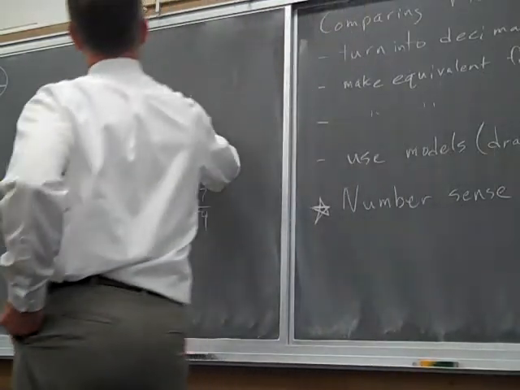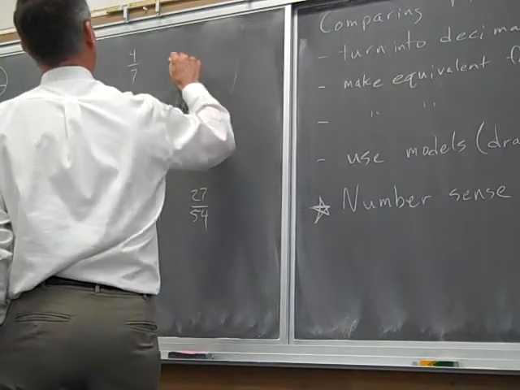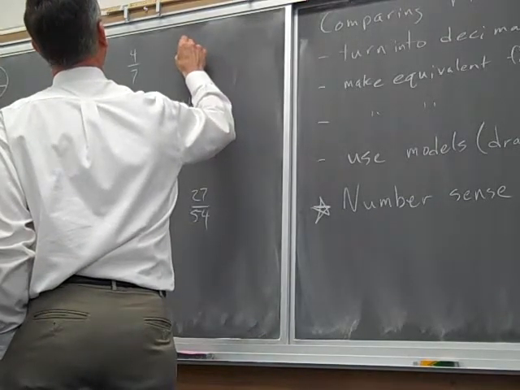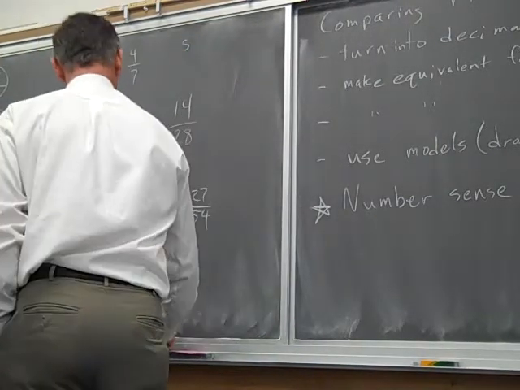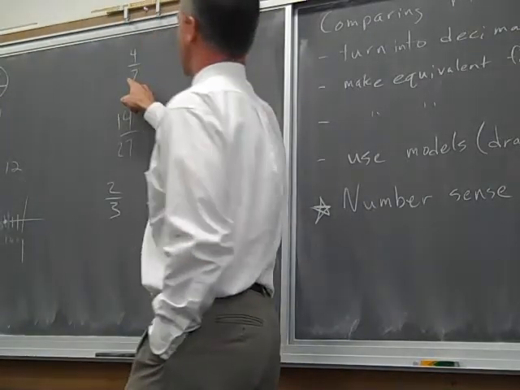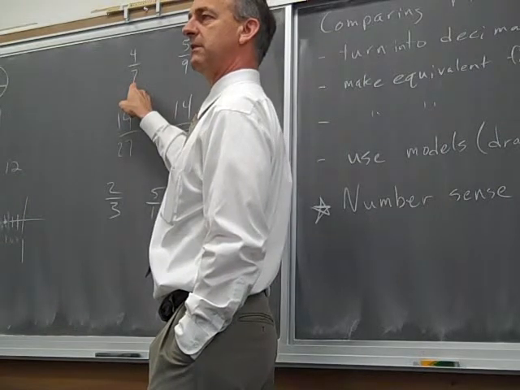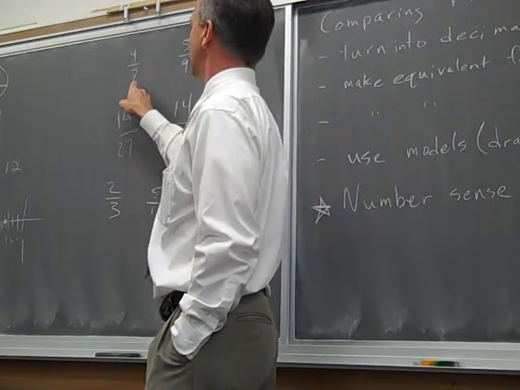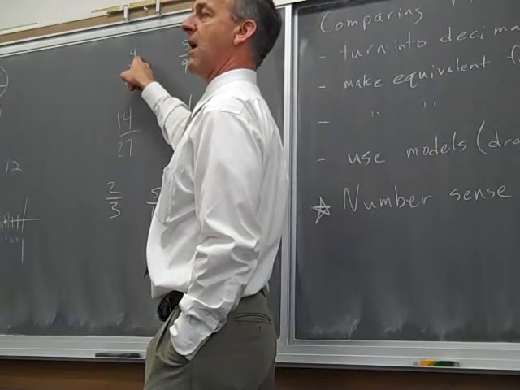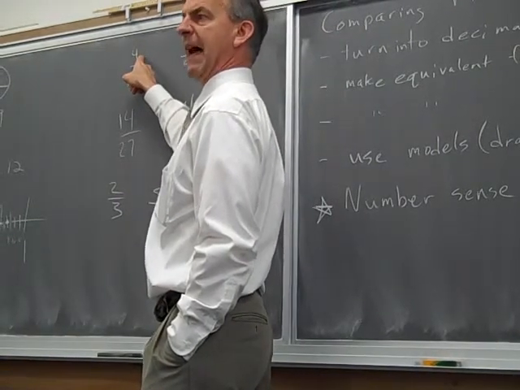Case in point, let's just do it. 4/7, and how about 5/9? Half of 7 is 3.5, and I am a half of a 7th above that.